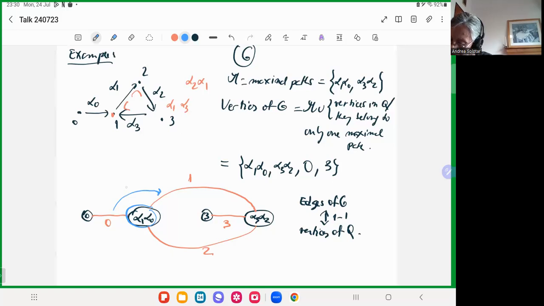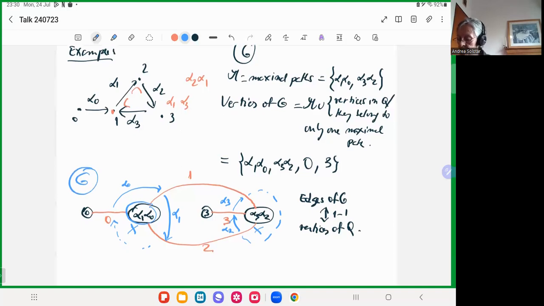So I go with alpha 0, in general we don't write alpha 0 here, that goes from 0 to 1. And then with alpha 1 from 1 to 2. And then we complete it to make it cyclic. And here we put a mark, okay, where the path ended. So on the other side, I have alpha 2 going from 2 to 3, and then alpha 3 going from 3 to 1, and then I complete here and I put the mark. Okay, so this is the marked graph Xi that I obtained.